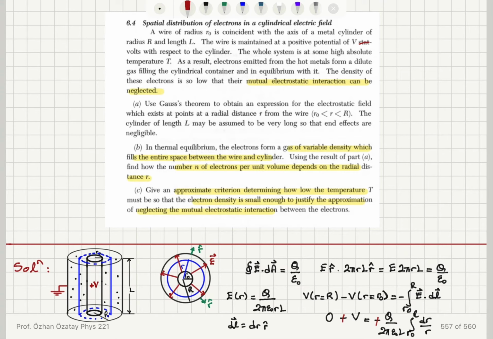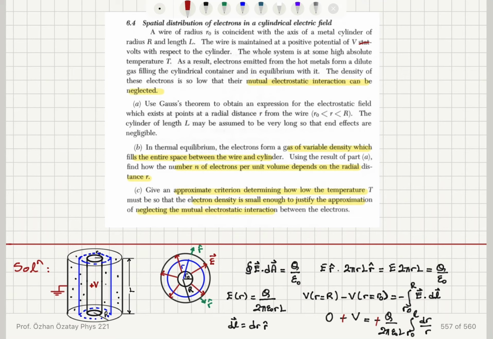Gauss's law tells me that the closed surface integral of E dA is q over epsilon 0. The electric field lines will be pointing radially outward. There will be no contribution from the top and bottom surfaces, only from the side surface, which is going to give me the total charge enclosed q divided by epsilon 0, because there's nothing in between.